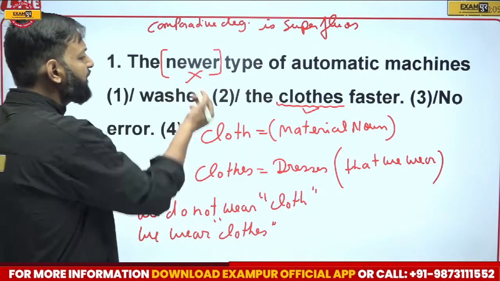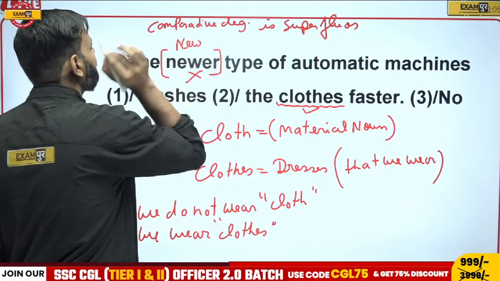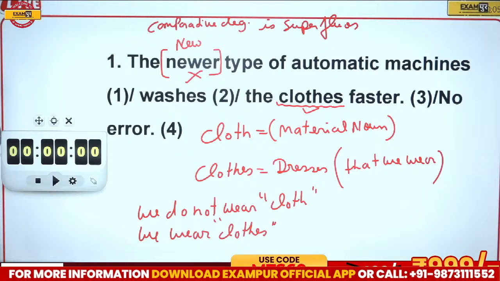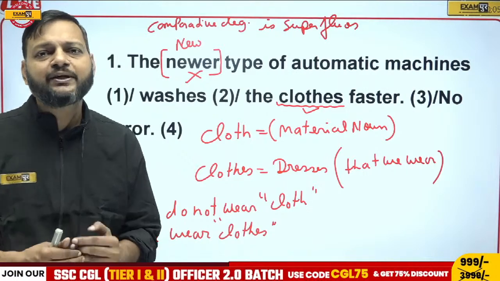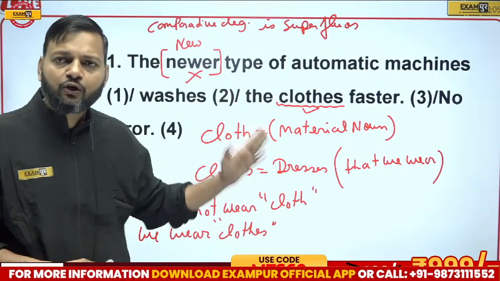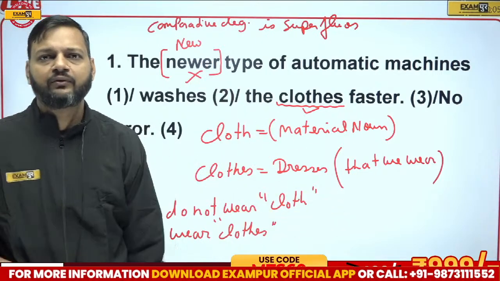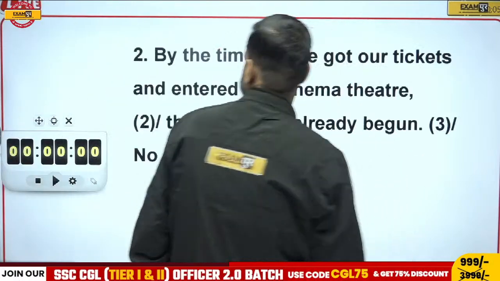So the comparative degree will be changed into the positive degree, so it would be new. The new type of automatic machines washes the clothes faster. So the error is in the first part: newer will be replaced by new. And do not forget the difference between cloth and clothes. Clear? Okay, let's see the next question.